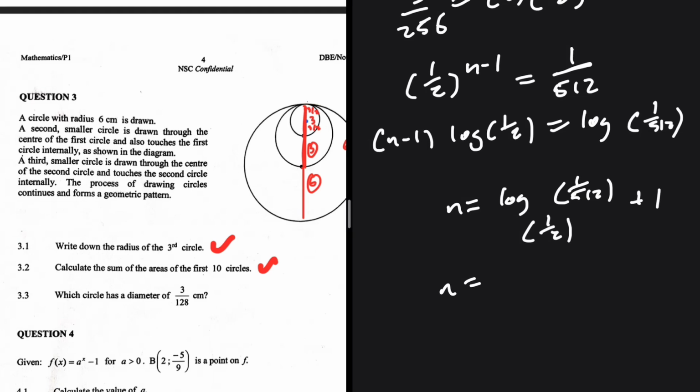I have log of 1 divided by 512, divided by log of 1 over 2, plus 1, and then I'm getting 10. n is equal to 10. So which circle has a diameter of 3 over 128 centimeters? The 10th circle, n equal to 10.